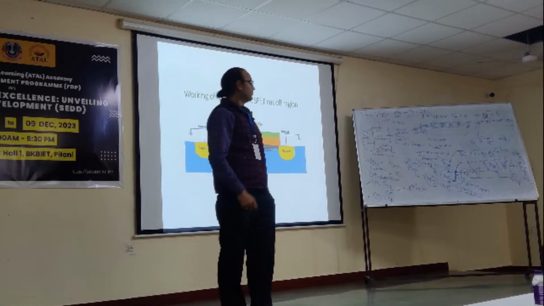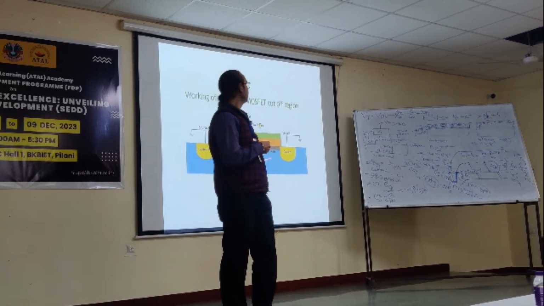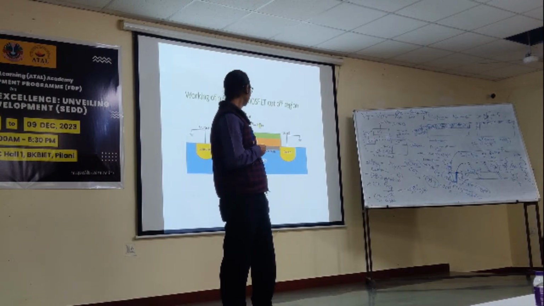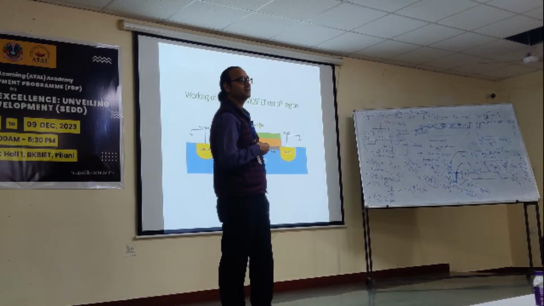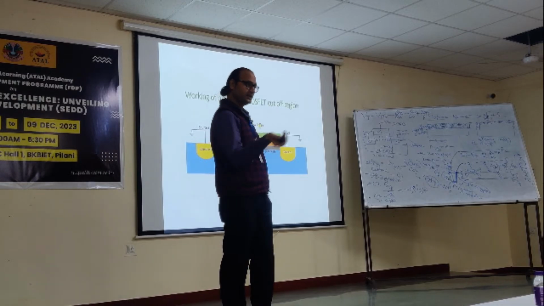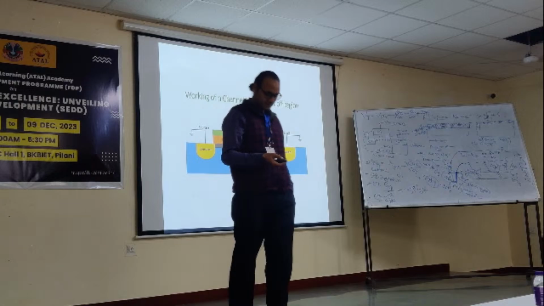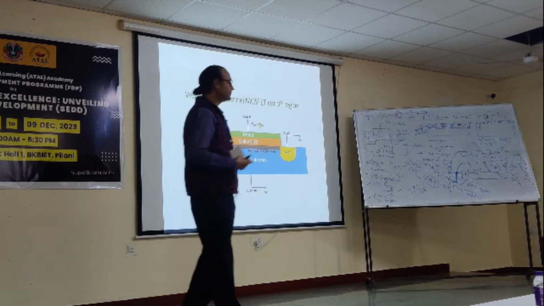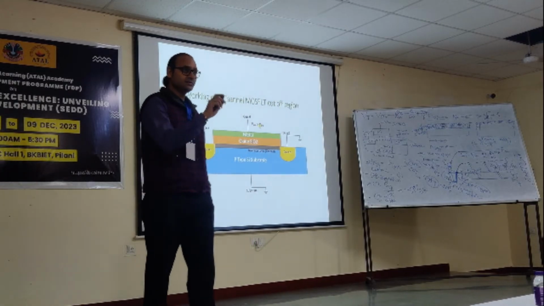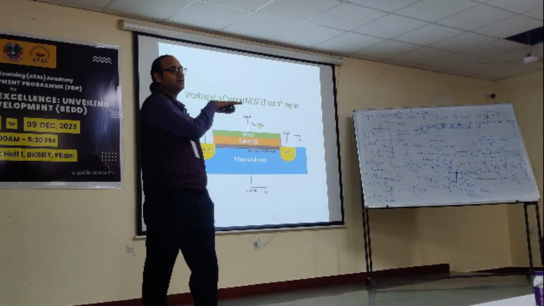But as I said, there is no current flow so far. The channel is ready there, but drain and source are not well defined from outside. No voltage is applied, so no current will flow. If there is no current flow, the Fermi level will again remain aligned.